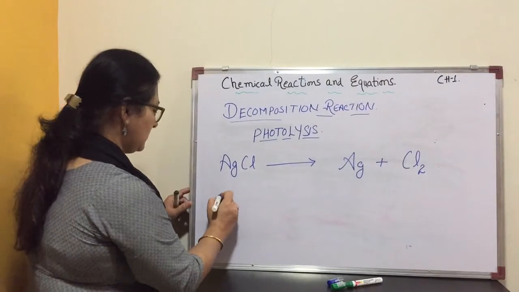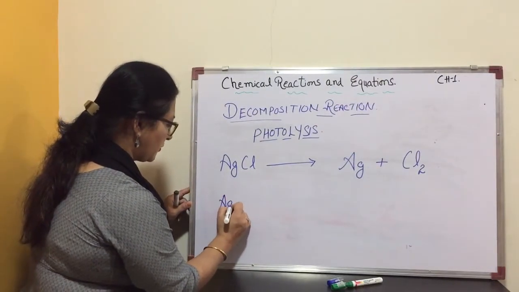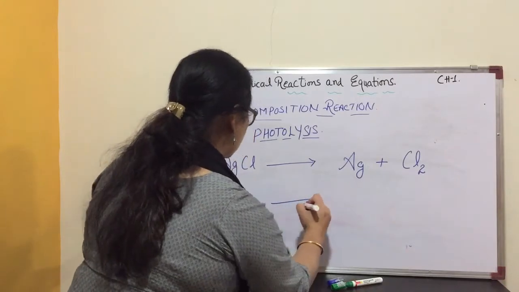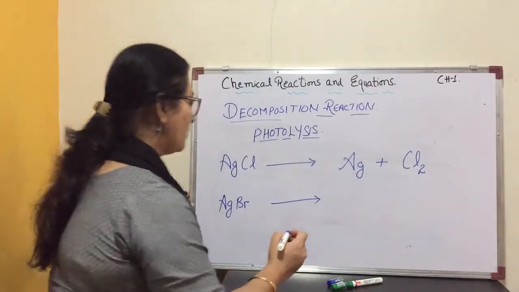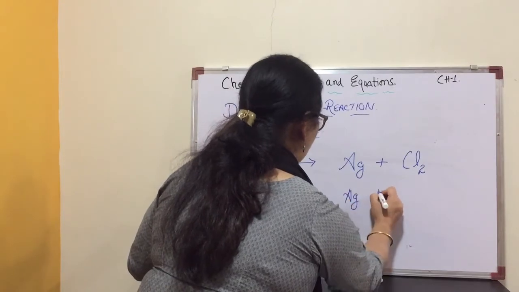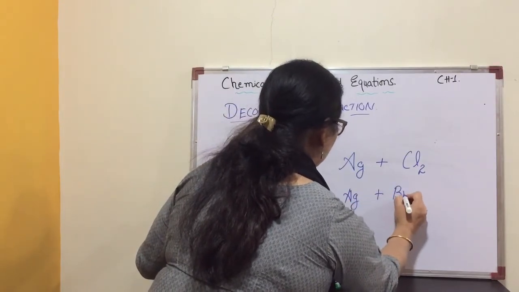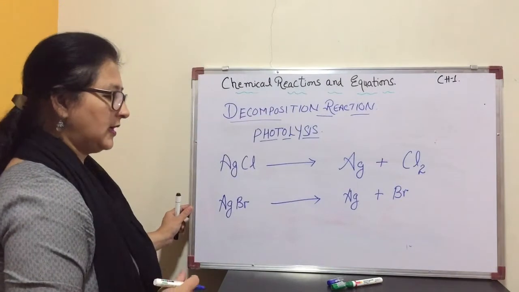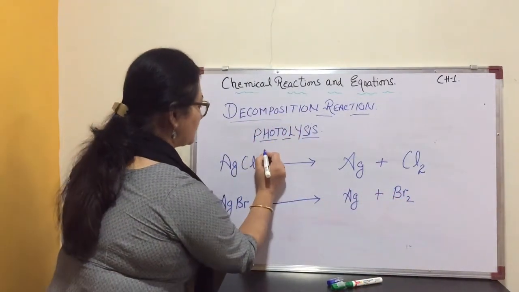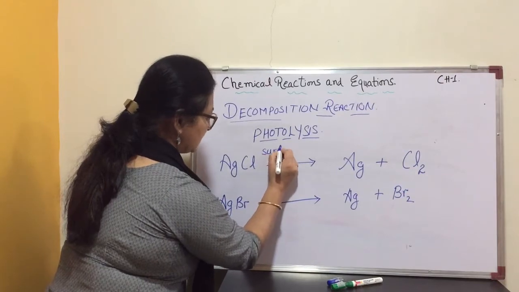In the second, silver bromide is decomposed, silver and bromine gas is released, Br2. Clear? Here we have to write sunlight.